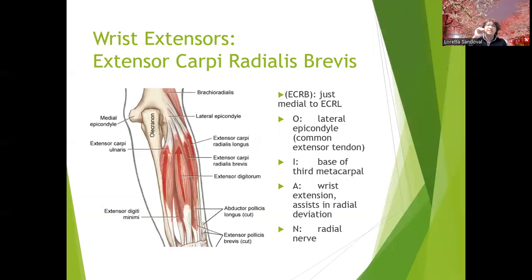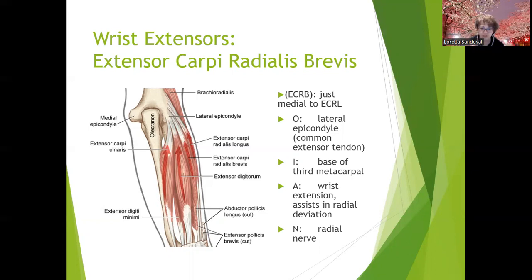So the wrist extensors are the first group we're going to talk about. So they do wrist extension, not surprising. Most of the wrist flexors and extensors either have an ulnar bias or a radial bias. So they do ulnar deviation or radial deviation along with wrist extension or flexion.